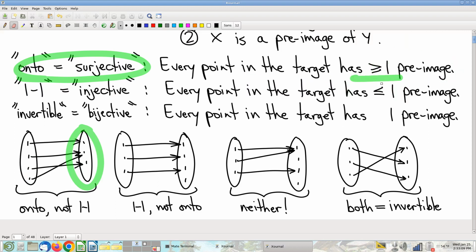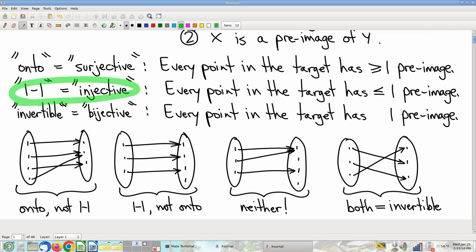Okay. All right, now let's talk about injective, aka one-to-one. Here's a picture of an injective function. Every point in the target has at most 1 pre-image. At most 1. So let's think it through with this example. That point has 1 pre-image. Cool. This point here has 1 pre-image.